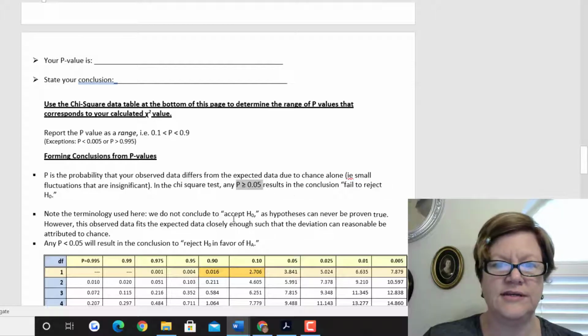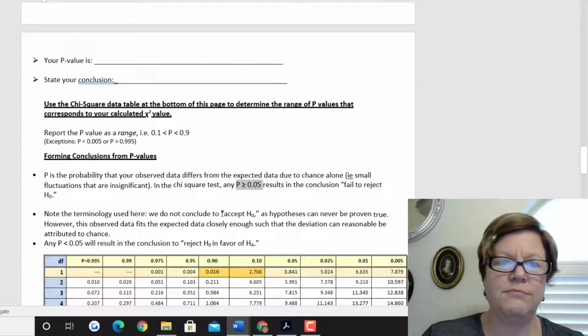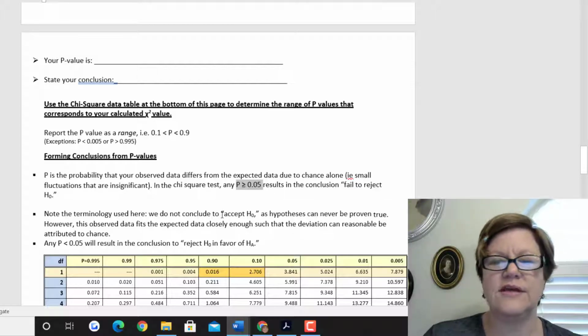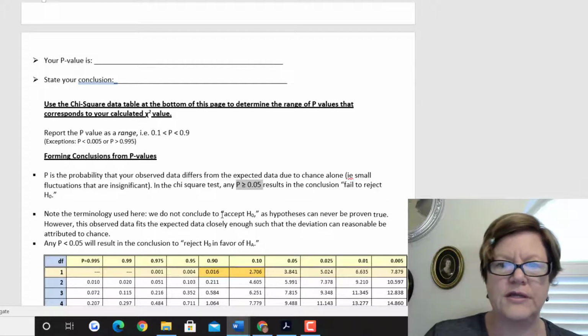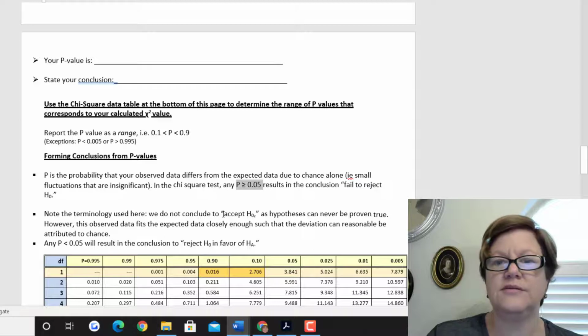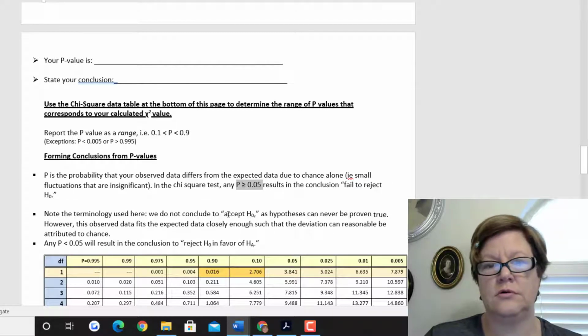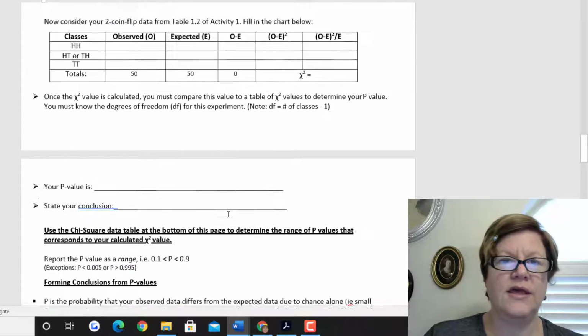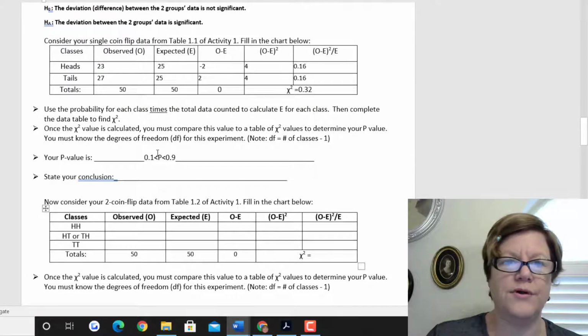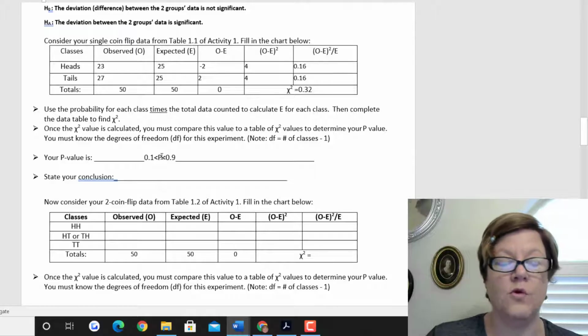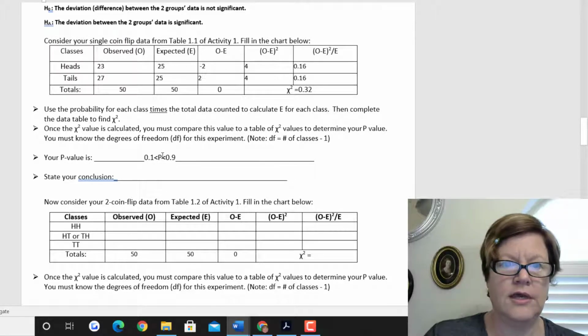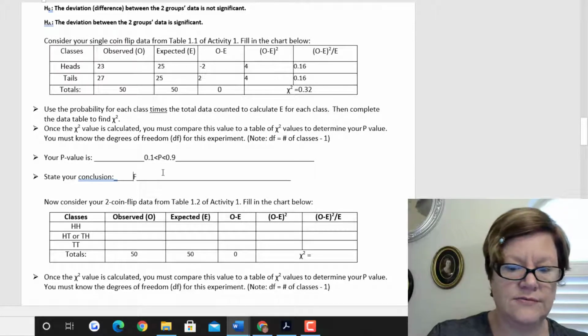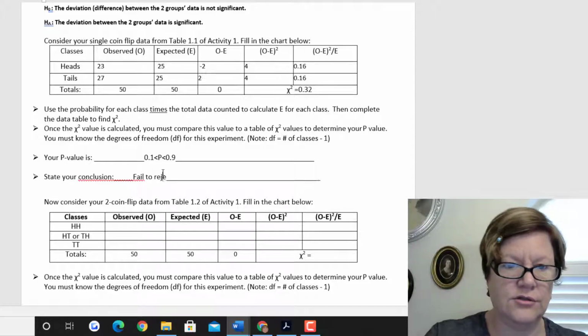We don't say accept H null, and we don't say we proved H null, though that's the direction we're leaning. We never say proved it, but we say we didn't rule out H null. In this case, our p is greater than 0.05 because it's greater than 0.1, so our conclusion is fail to reject H null.